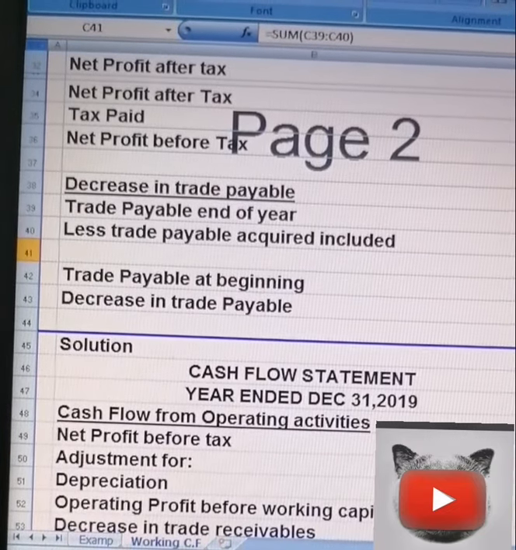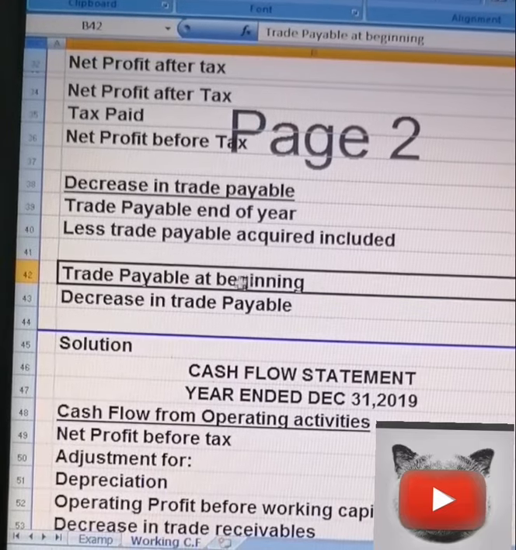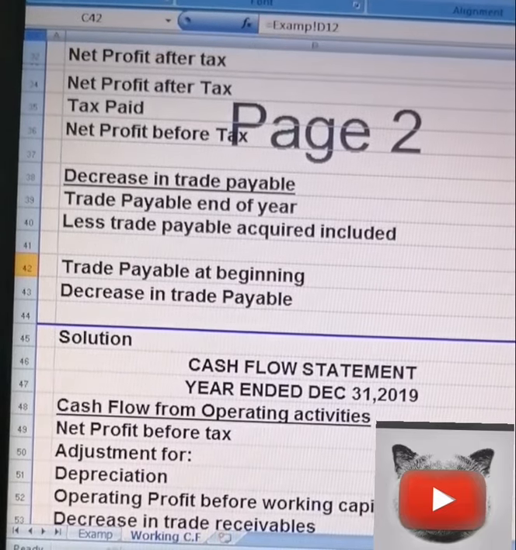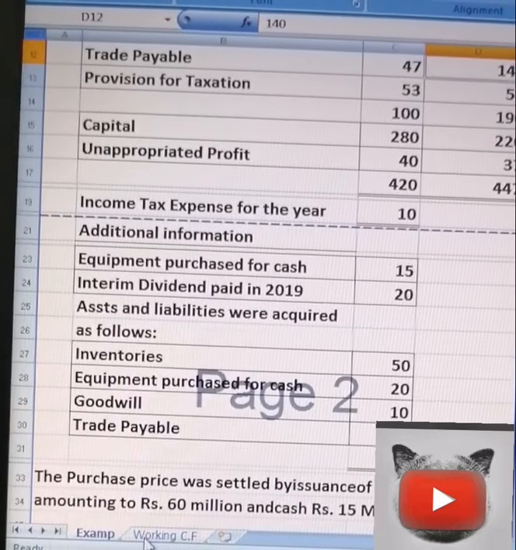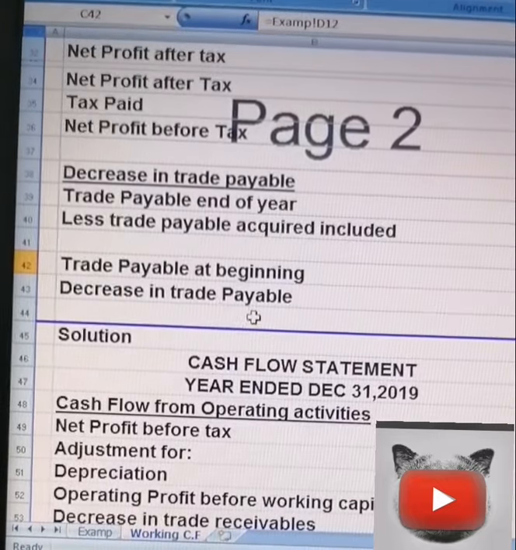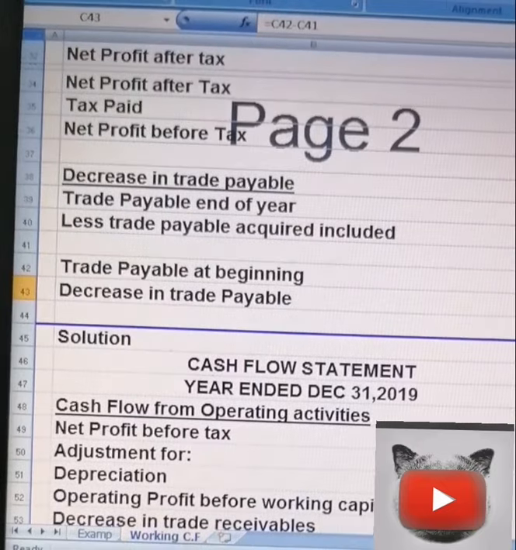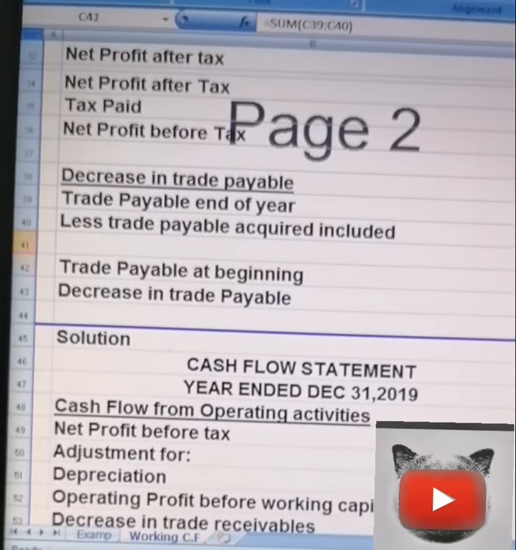Net comes to 42 million. Trade payable at the beginning of the year was 140 million, which is shown here. The decrease in trade payable comes to 98 million. This is the difference between 42 and 140 million.